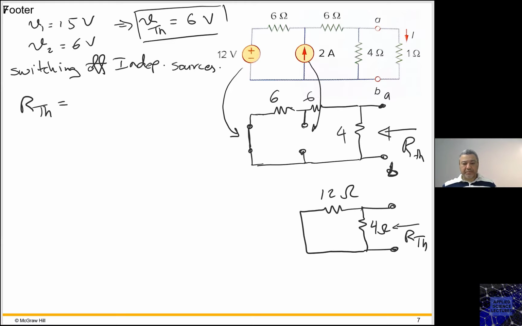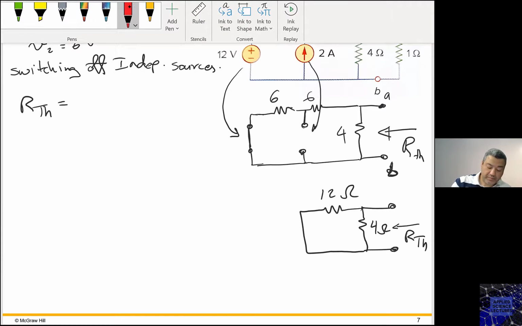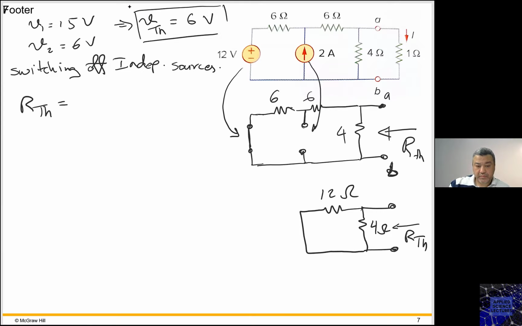So what do you see? What's the relationship between 4 and 12? That's correct.